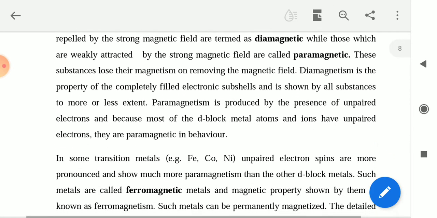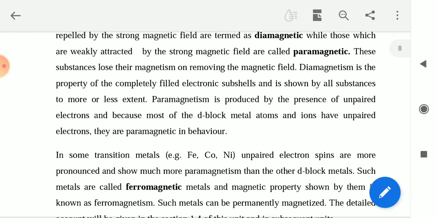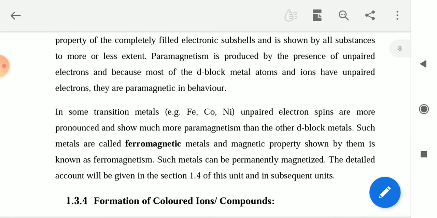The d block elements are diamagnetic or paramagnetic according to their d electrons. In some cases like iron, cobalt and nickel, the unpaired electron spins are more pronounced and show much more paramagnetic characteristics. These are known as ferromagnetic metals.